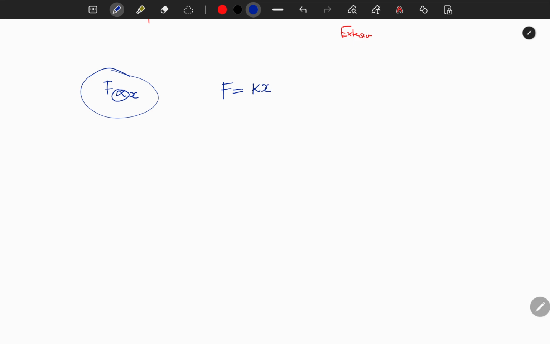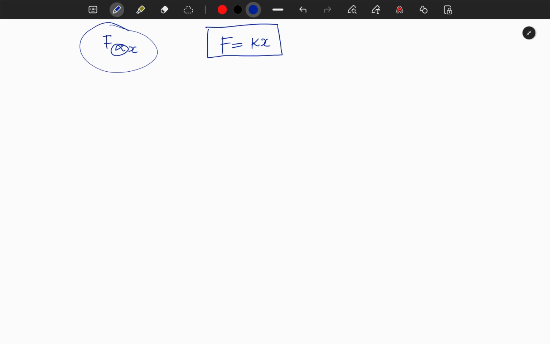So this is Hooke's law, where F is the force. When we go further, this changes, but this is at our level. We are going to look at examples on how we can calculate either of these.